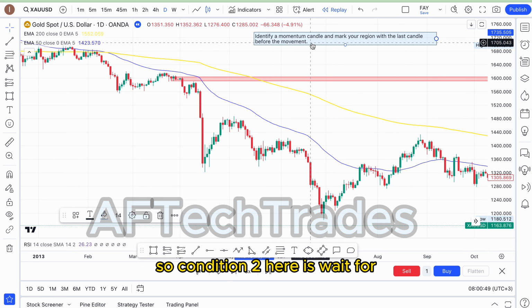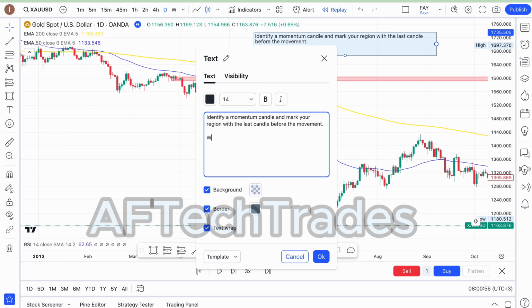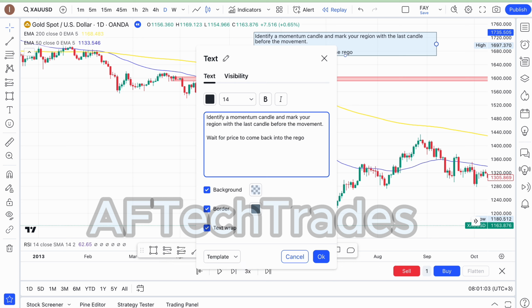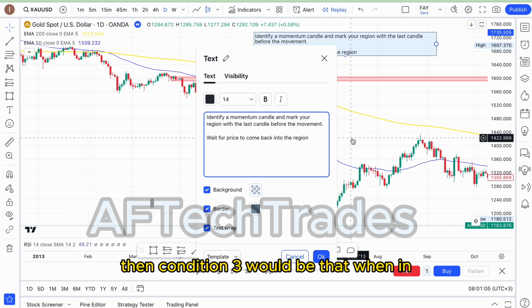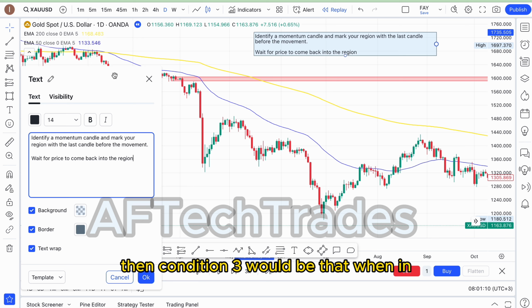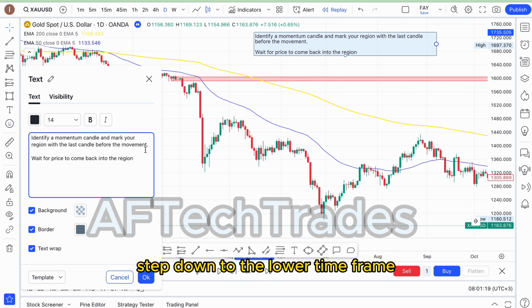So condition 2 here is wait for price to come back into the region. Then condition 3 would be that when in that region, step down to the lower time frame to determine your entry point.